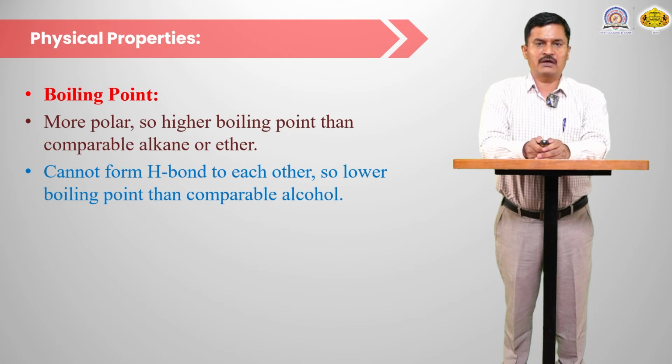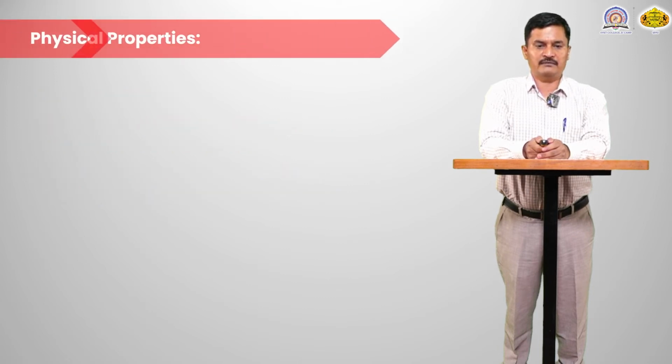That's why there is more attraction. If we compare with a saturated alkane of comparable molecular weight, the boiling point of aldehydes and ketones is higher. But the boiling points of carbonyl compounds are lower as compared to alcohol, because in alcohol there is a hydrogen atom on oxygen, the OH group, so there is formation of hydrogen bond. So alcohols have a higher boiling point as compared to ketones, because in alcohol there is formation of hydrogen bond.